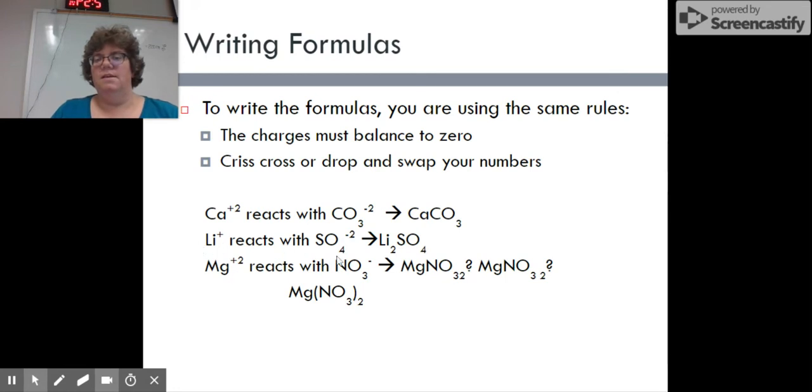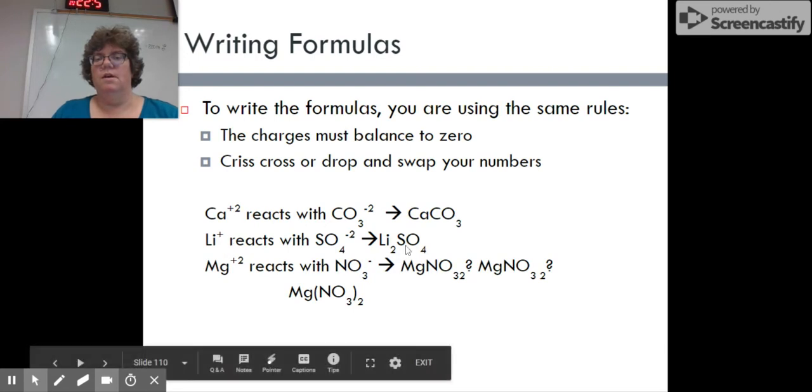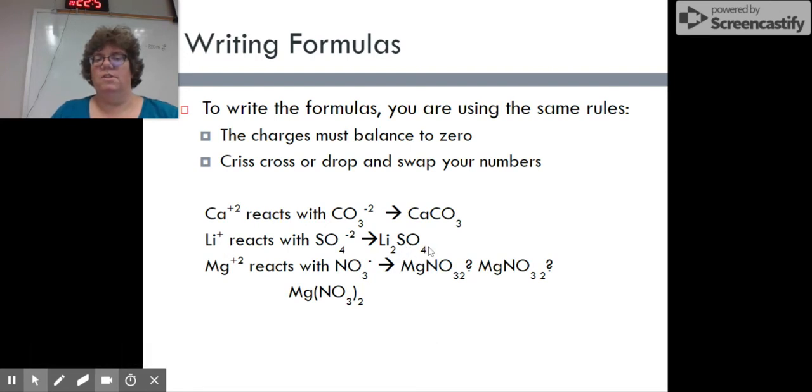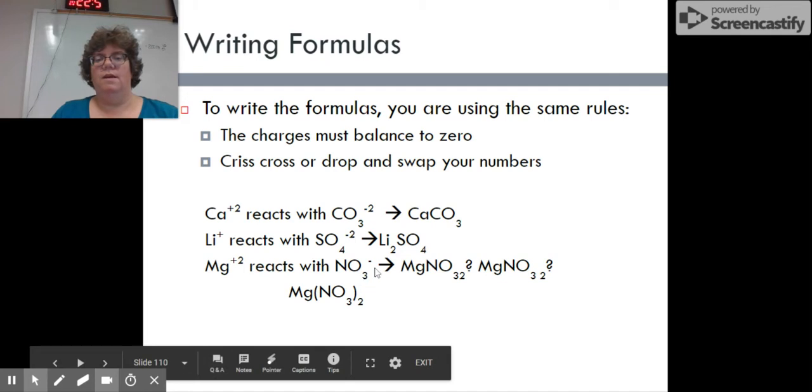And then this is lithium and sulfate. We've got a +1 charge here, a -2 charge here. So the lithium needs a 2. Let me cross those numbers. But the sulfate, the SO4, just stays as it is. Now we have magnesium as a +2 and NO3 as a -1, which means I have 1 magnesium and 2 nitrates.